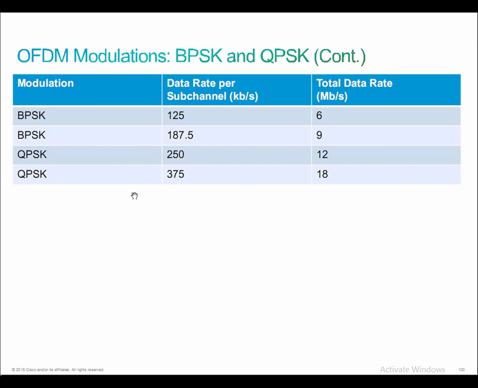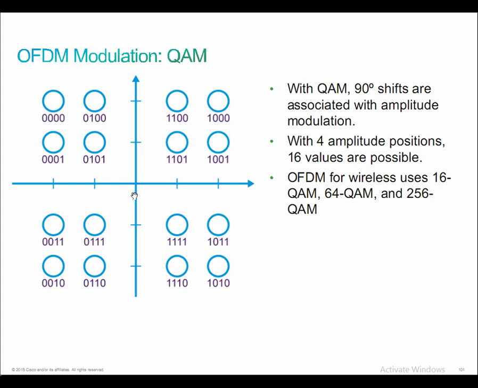Now that we have an understanding of the different techniques, QPSK and DQPSK, we know that they work in a 3D model. So not only are we shifting the sine wave to represent sequences of bits, we're also doing 90-degree rotations.